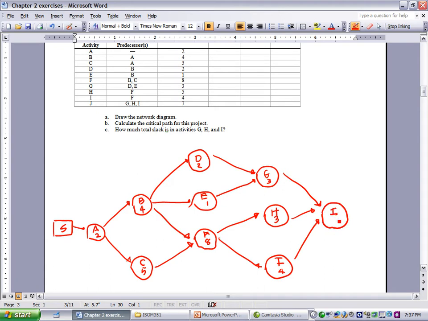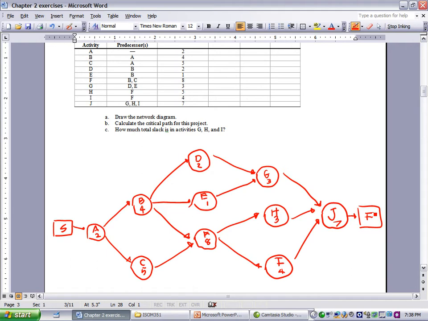It's also a good time to review how to draw a network diagram. When you draw a network diagram, it should come out like that.